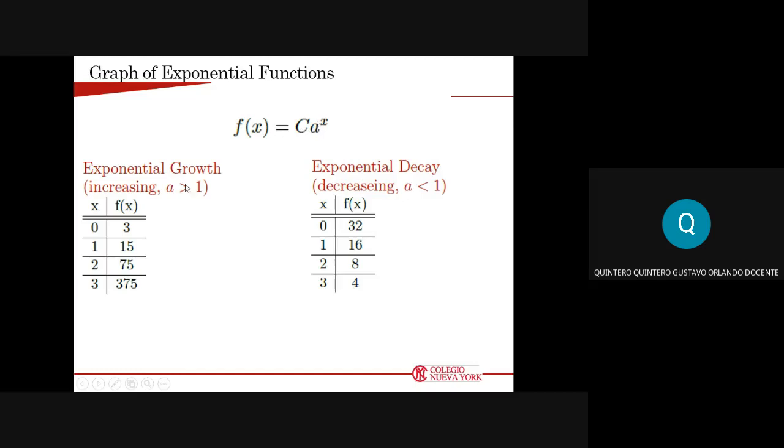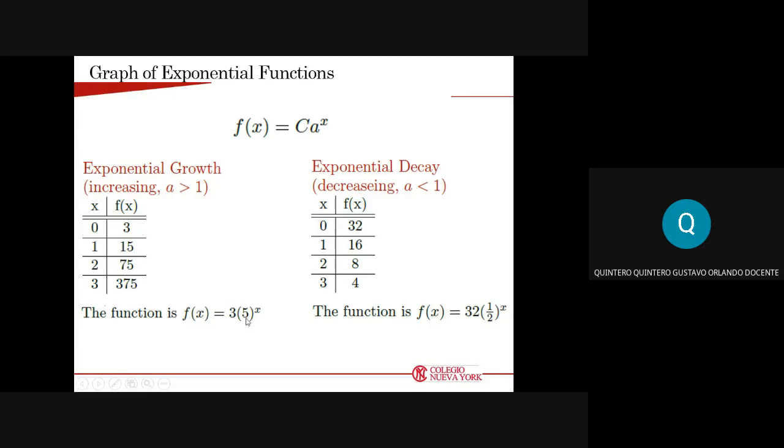Whenever the value of a is bigger than 1, so in this case, for example, take a look. The value of a in this case is 5, right? The growth factor is 5. So in every step, we are going to have an increase of 5.